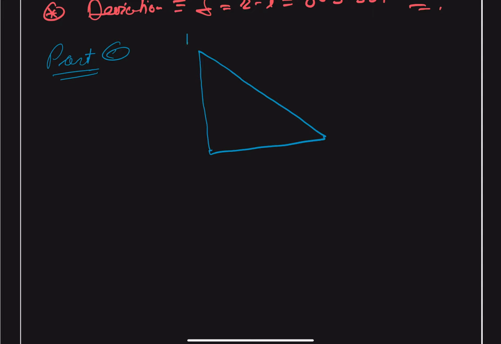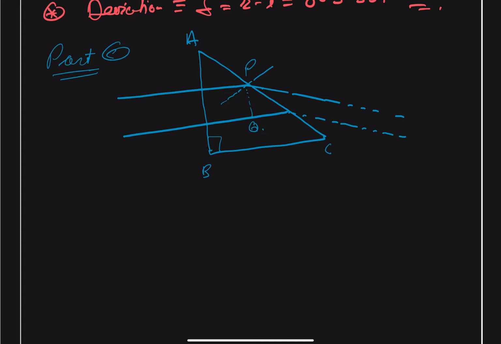So this is our A, B and C, and we are having two beams, both parallel to each other, and suppose this is point P, this is our Q, and we have a normal that will be like this, and this will be moving something like this.